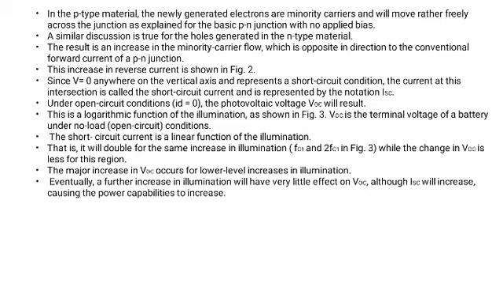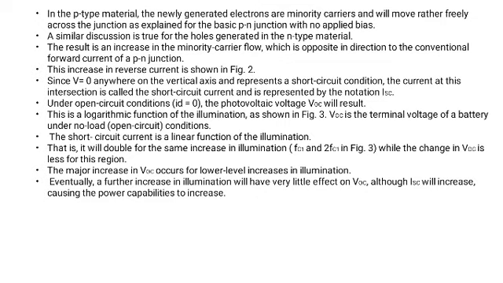In the p-type material, the newly generated electrons are minority carriers, so they can move freely across the junction, and this increases the flow of minority carriers, which flow in the opposite direction of the conventional forward current.